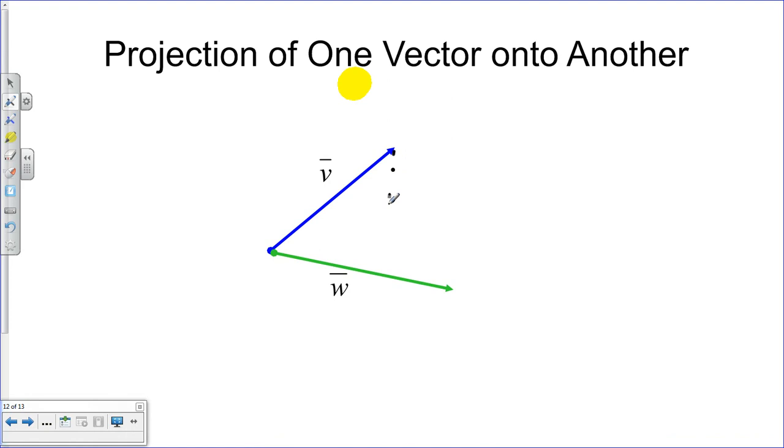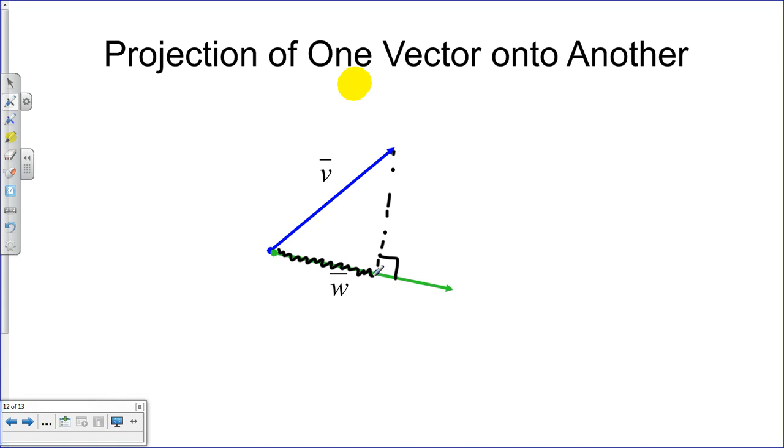So I'm going to draw a perpendicular line. This is a perpendicular line to W. Here is V's shadow. Okay, that is what we're finding, a projection of V onto W. Or if you want to think about it this way, it's V's shadow on W.